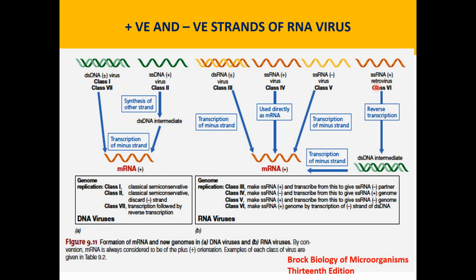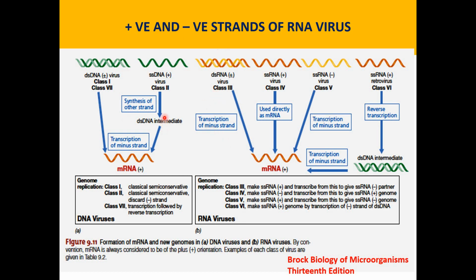And this is a separate class which has a positive single-stranded RNA, but it will go for a double-stranded DNA intermediate by the activity of the reverse transcriptase, and then one strand of this double-stranded DNA forms the mRNA and goes for the protein. So this is the concept of the positive and negative strand.